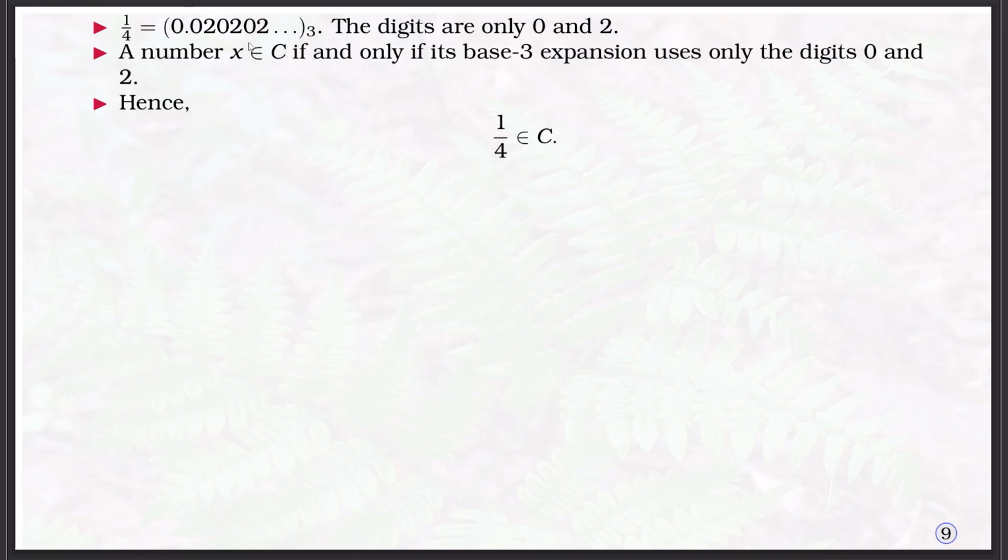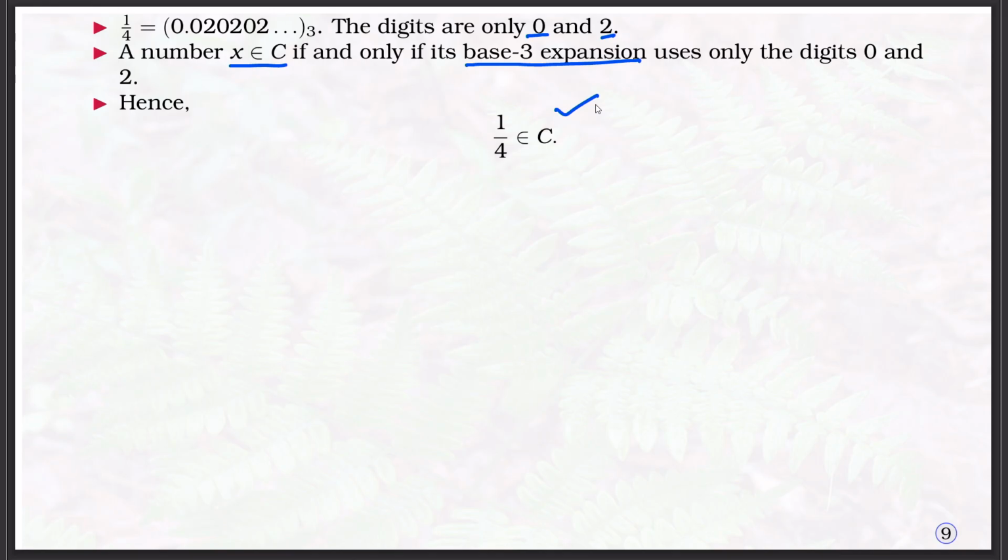It contains the digits 0 and 2 only. Therefore, as per the previous result, x belongs to the Cantor set C if it has a base 3 expansion using only the digits 0 and 2. Hence, one can conclude that 1/4 is a member of the Cantor set C.